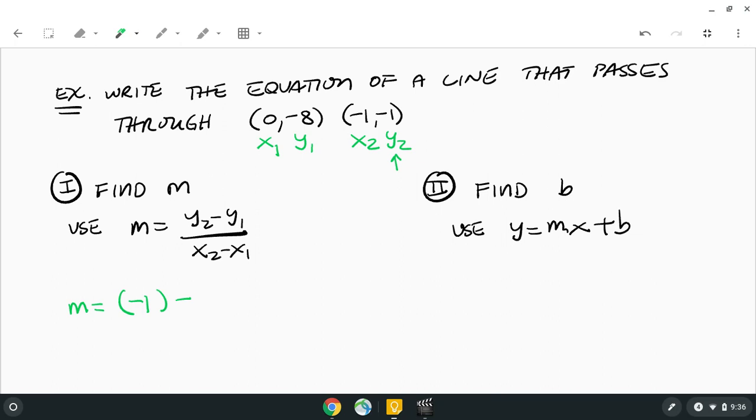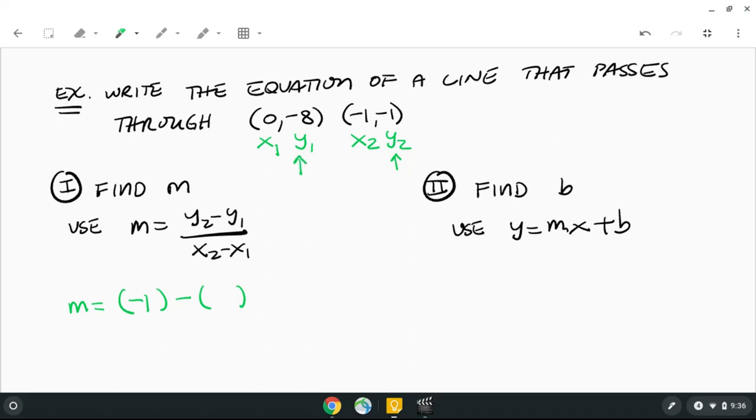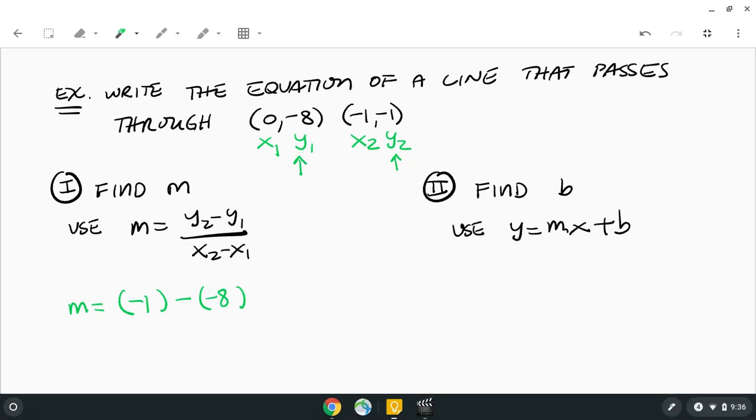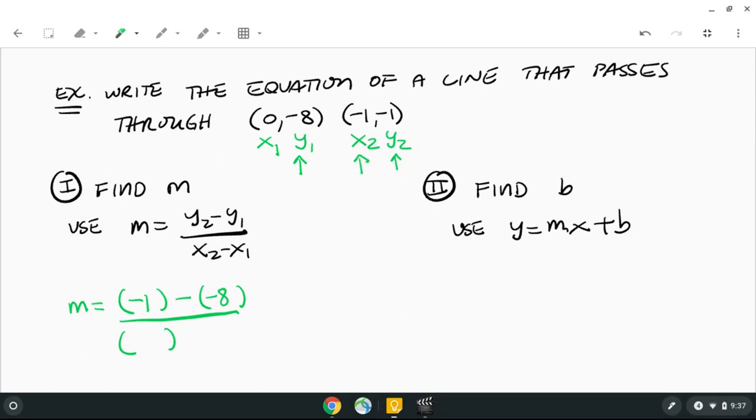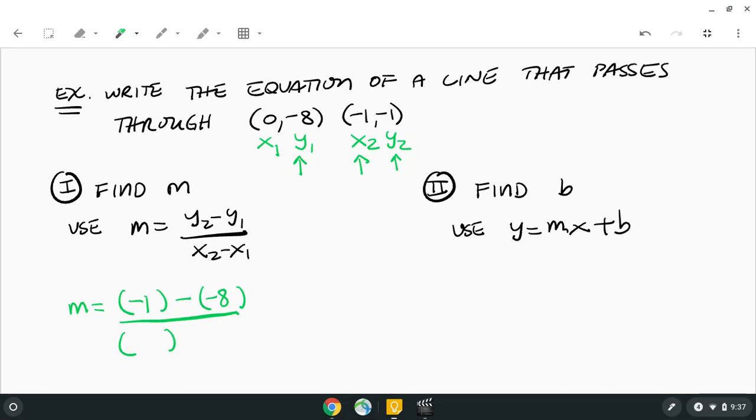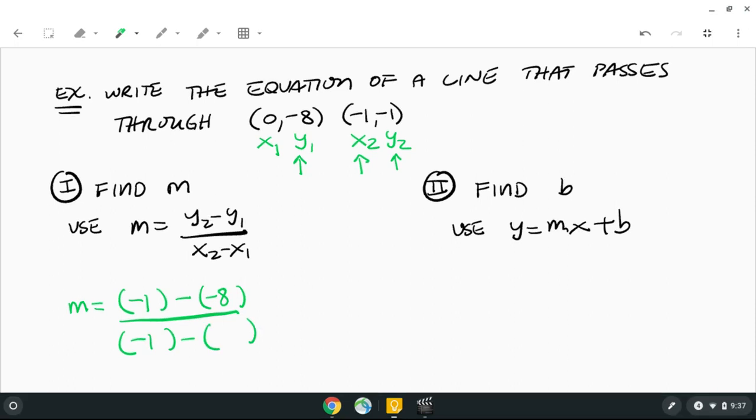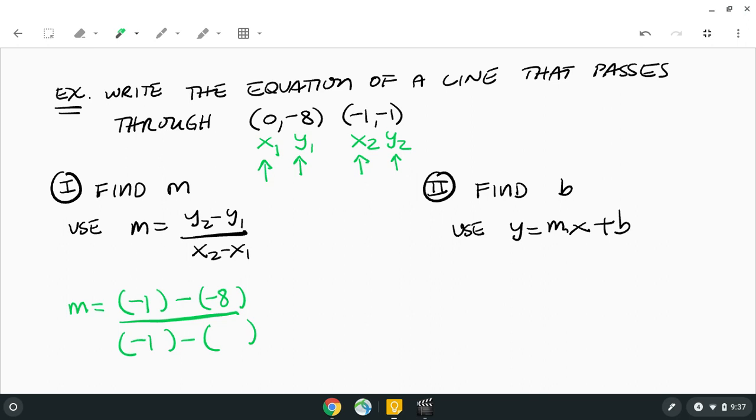Minus, I'm following the formula, minus y1. And y1 is right over here. So that's -8. Make sure you use parentheses to help keep your negatives organized. All right, down below, it's going to be x2 in here. So let's look up above. x2 is -1 minus x1. And here, x1 is 0.